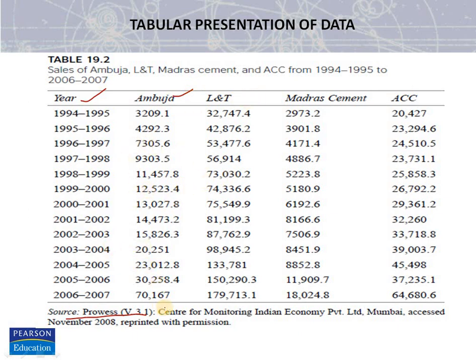And here at the bottom, the source of this data is also mentioned. So if we are doing any tabular representation, all these parameters should be included: what is the table number, what does this table represent, and in a well-defined layout, data should be represented. There must be a source of this data.